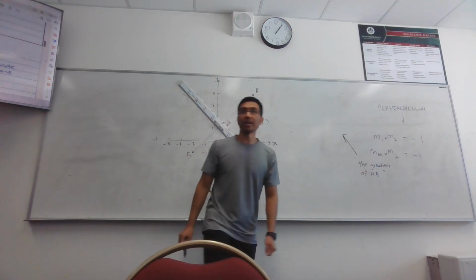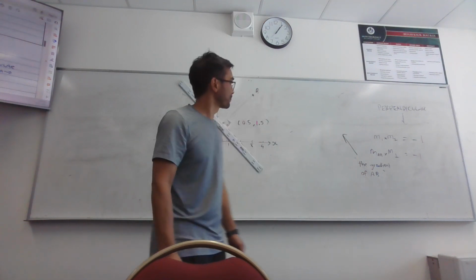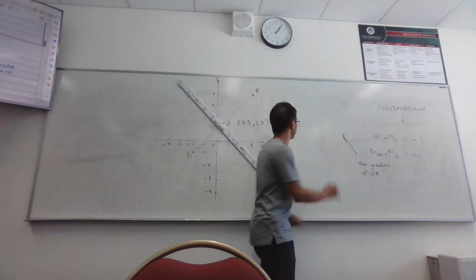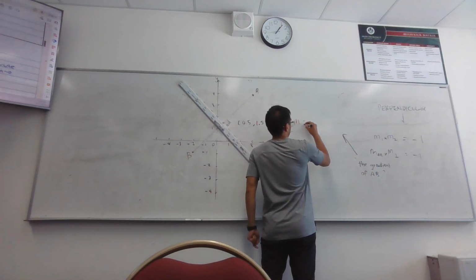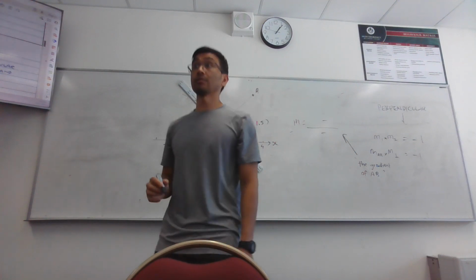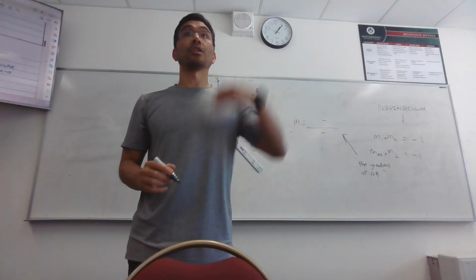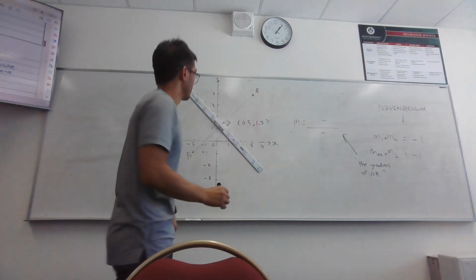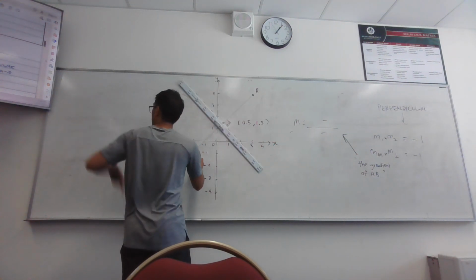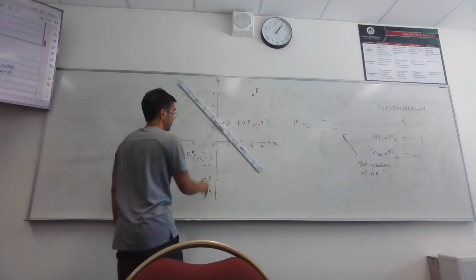Okay, I'm going to repeat what Gabe said in a different way. Gradient of A to B. I know what my gradient equation is. It's rise over run. Okay. I know my 2 points. Got it here. I'm just going to rewrite it here.